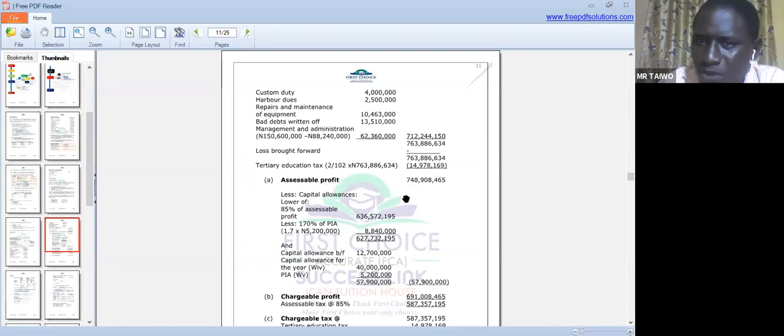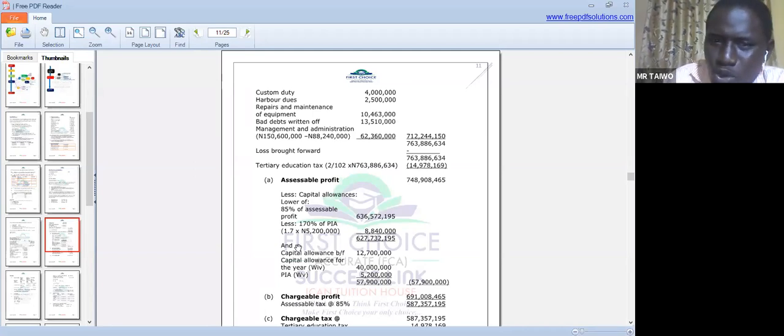Go and compute 85% of this value. It will give you 163,572,195. You then say less 170% of the PIA. Now, we have not computed PIA yet. So if we need to compute PIA, let's go to this one. We'll still come back to this one.